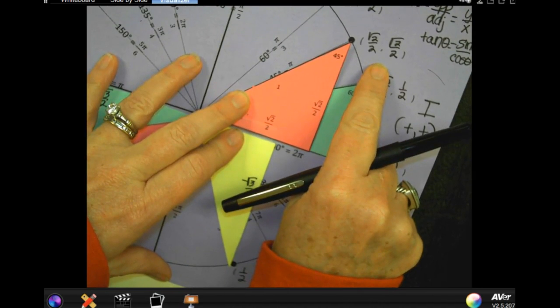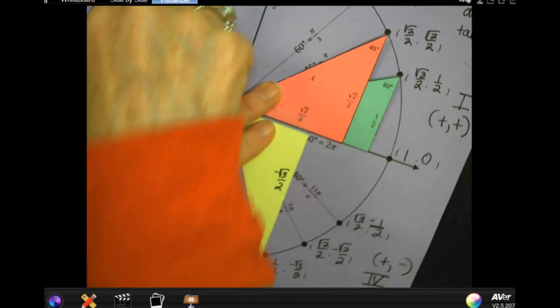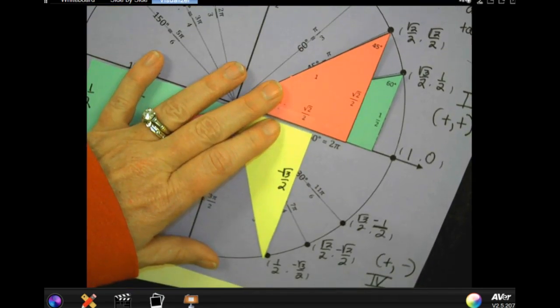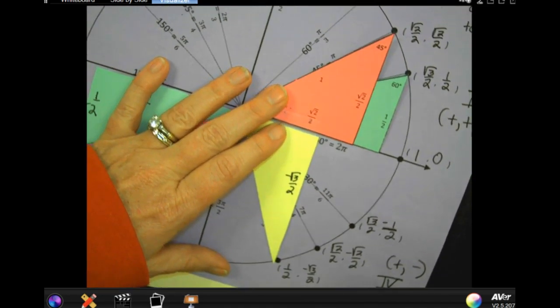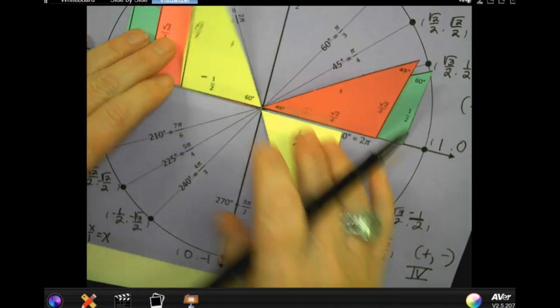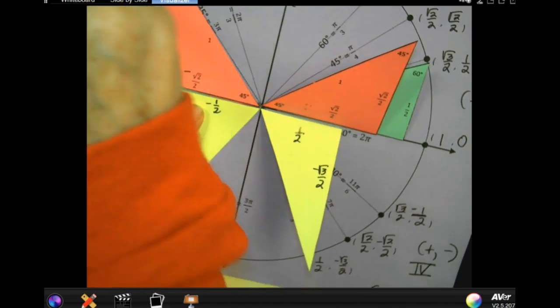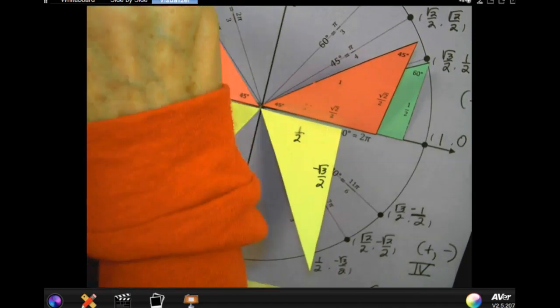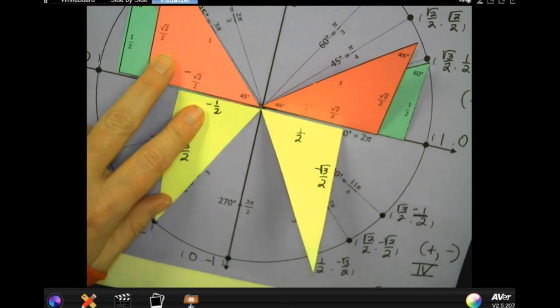So we found the 45, and I know the 45, they're both the square root of 2 over 2. So you can fill the middle one all the way around. They're both the square root of 2 over 2. Just make the right ones negative and positive. So in the second quadrant, I know that the x is negative. So it's negative square root of 2 over 2 and a positive y.